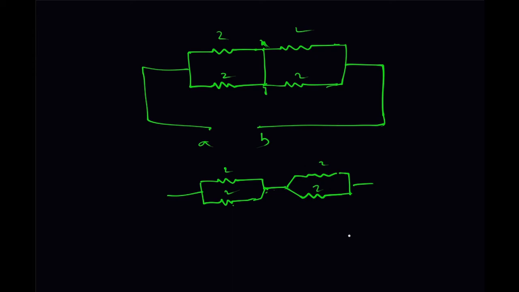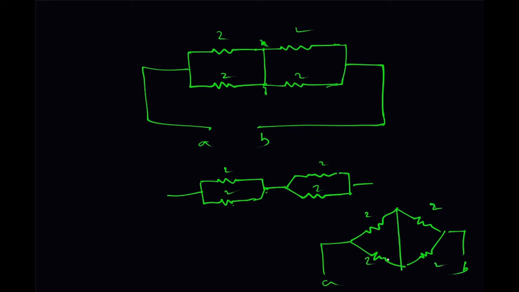Similarly, this circuit also can be arranged like this. This is the equivalent resistance between these 2. This is connected. These 2 are at the same potential, so these 2 will merge at a single point.